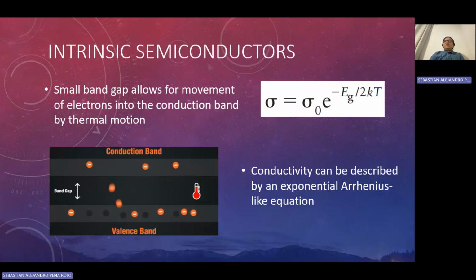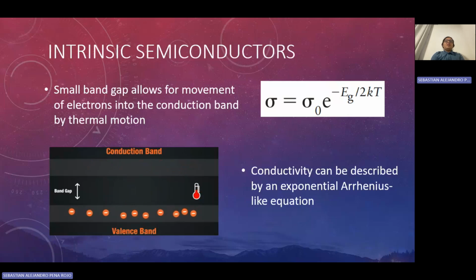Intrinsic semiconductors. In semiconductors and insulators, there is a band gap that doesn't allow for the free flow of electrons. However, in semiconductors, this gap is small enough that thermal motion allows for movement of electrons into the conduction band. This means that increasing the temperature of the material is going to increase its conductivity.